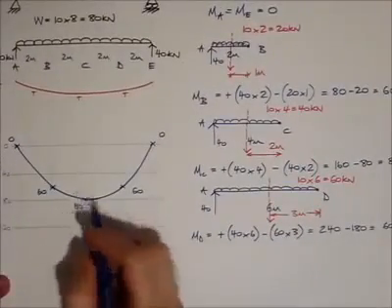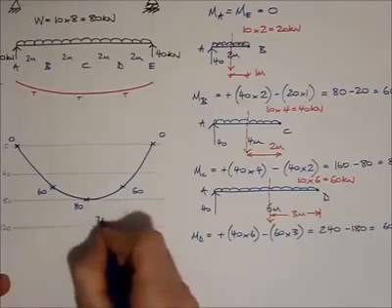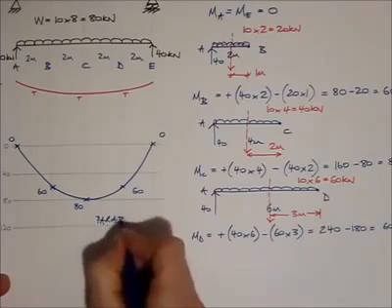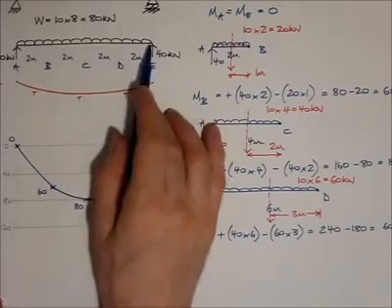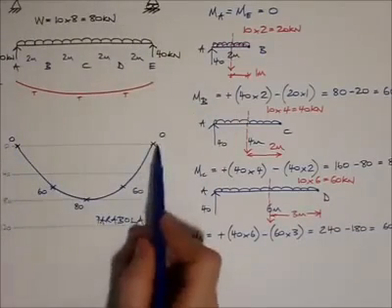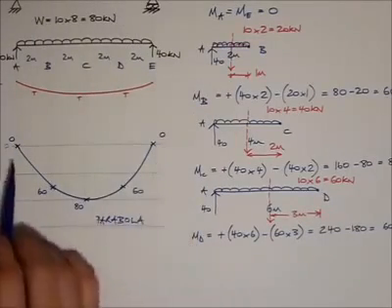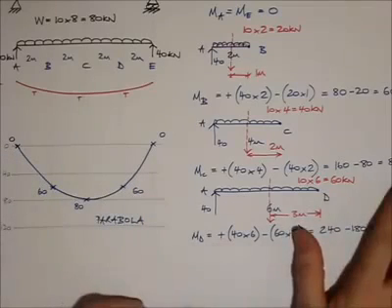And that curve, as it's a UDL on a simply supported beam, is actually a parabola. So whenever you have a UDL on a simply supported single span beam, you end up with a parabolic bending moment diagram, and it's drawn on the bottom because that's the tension face of the beam. And that's the end of that tutorial. Thank you very much for watching.